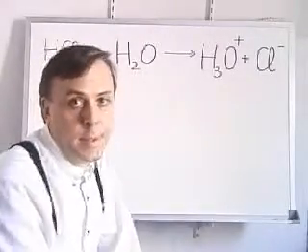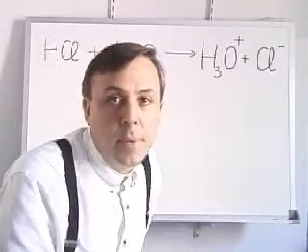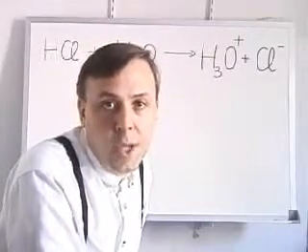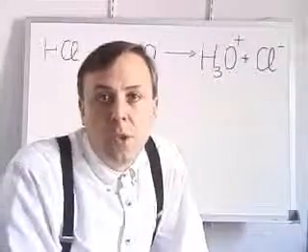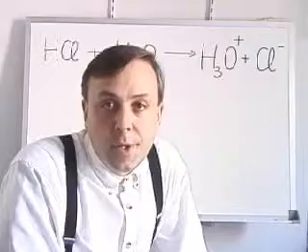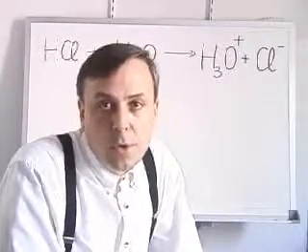Notice that in this definition of acids and bases, only the ability of the species to donate or accept protons is mentioned, and not how easy or how difficult it is for these species to accept or donate protons.